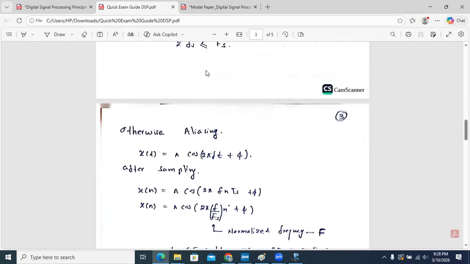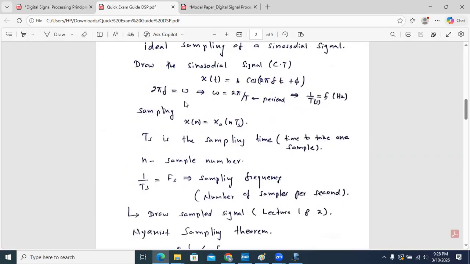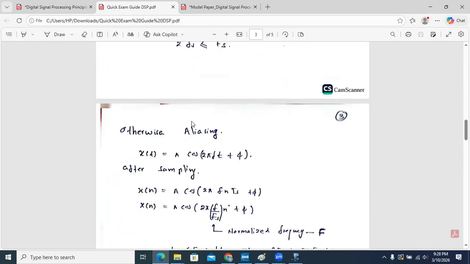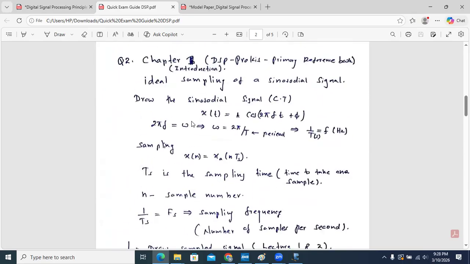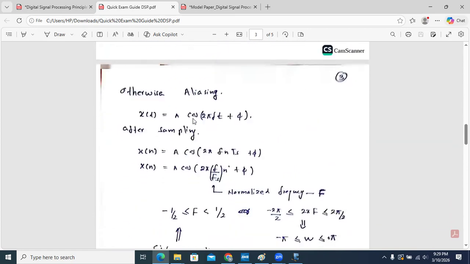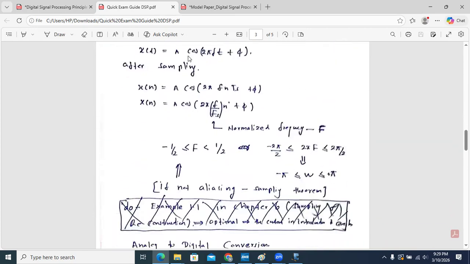For that, you need this equation. Here I haven't written that one. There is an identity: t is equal to n Ts.